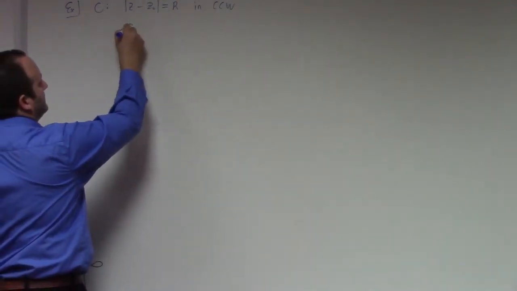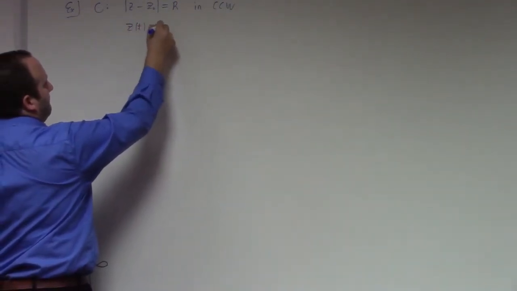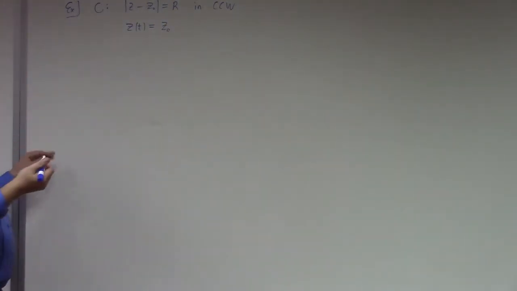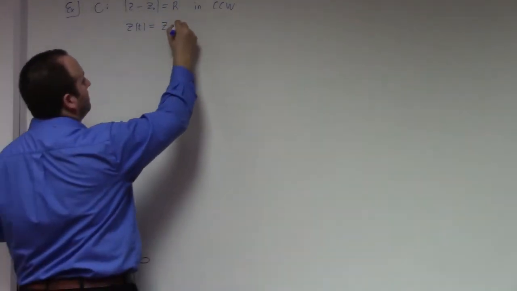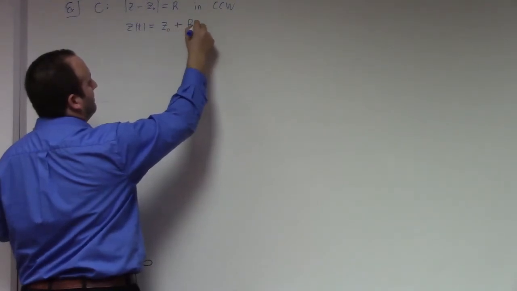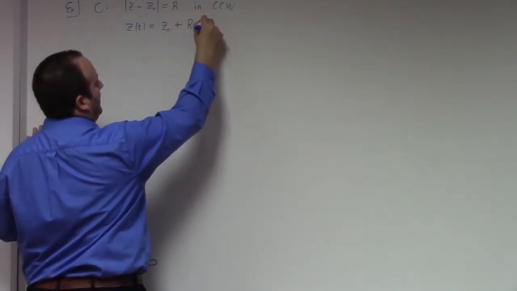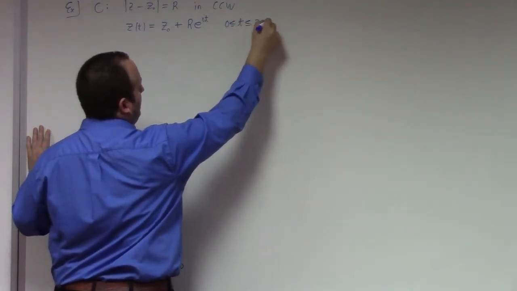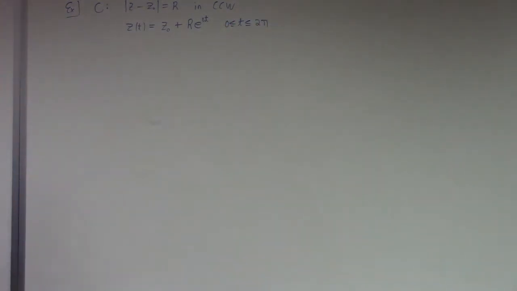What would the parameterization of this circle be? You take z naught, and then you add r e to the it for 0 less than or equal to t less than or equal to 2 pi, right? So there's a parameterization of the circle.